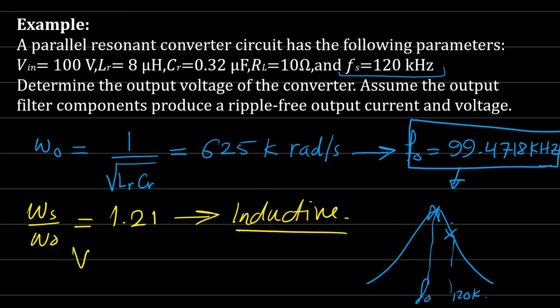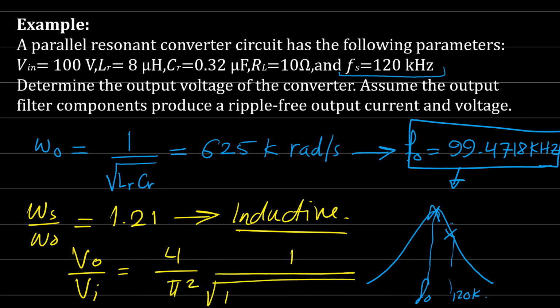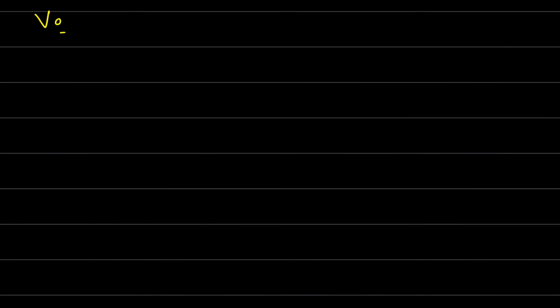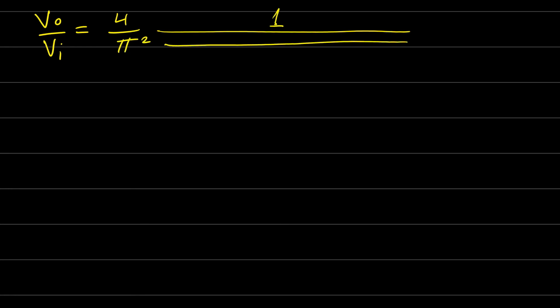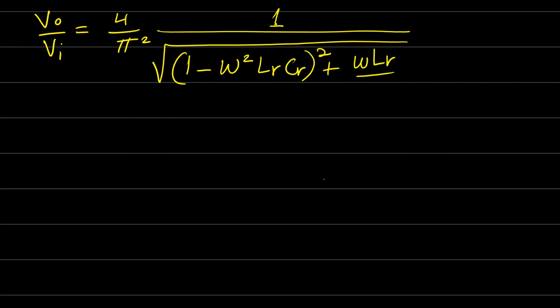V out over Vin is equal to 4 over pi squared times 1 over the square root of (1 minus omega squared LRCR) squared plus (omega LR over the equivalent resistance) squared. Again, V out over Vin is equal to 4 over pi squared times that expression.